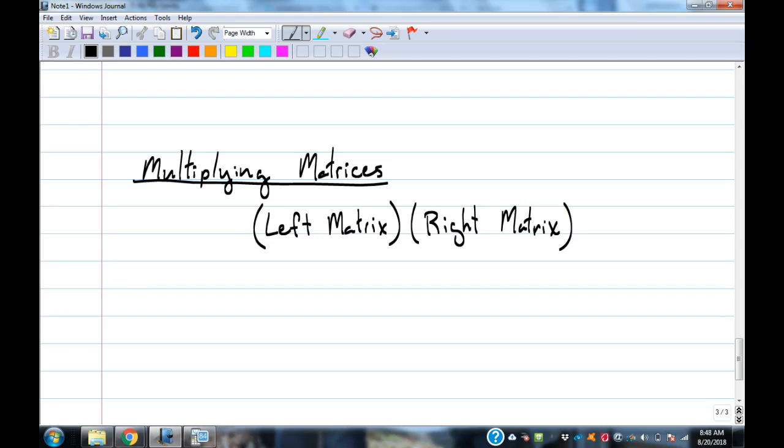So we have a left matrix and a right matrix. What has to happen is, how do we name the dimensions of a matrix? Row by column, okay? So the left matrix has a certain row by column size. The right matrix has a row by column size, okay?